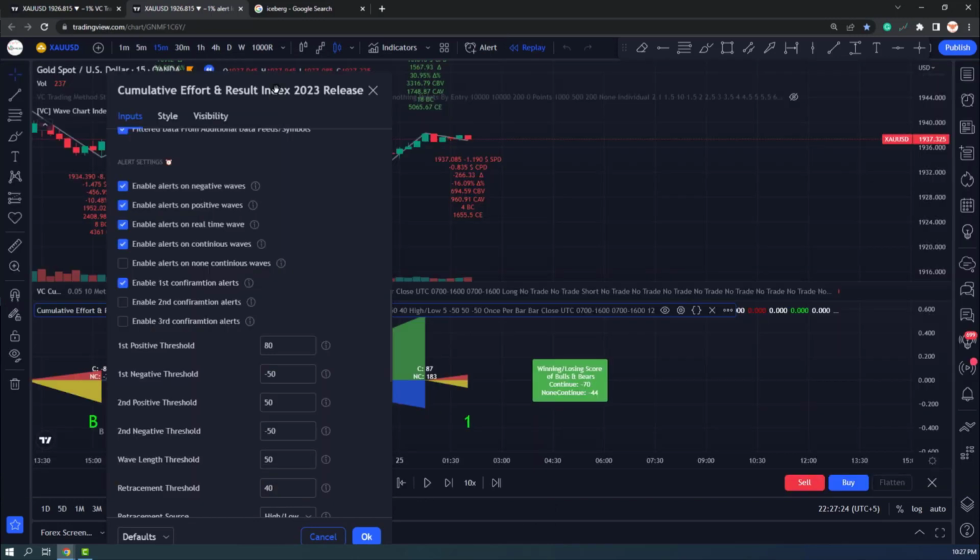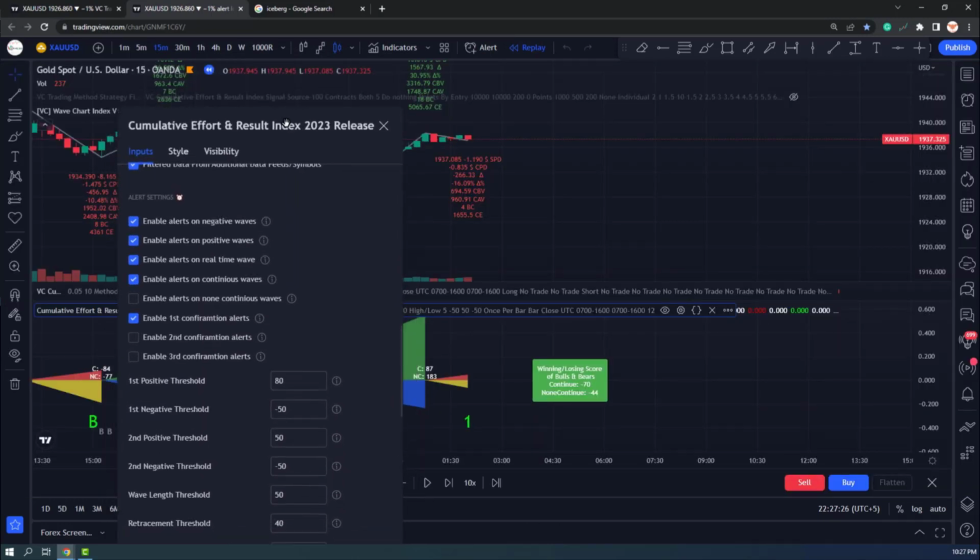No, it's a signal, but on the first confirmation you will always enter the market after the retracement, because when you receive the alert, the price has already retraced to some extent. And you need to wait for the price to complete its retracement.